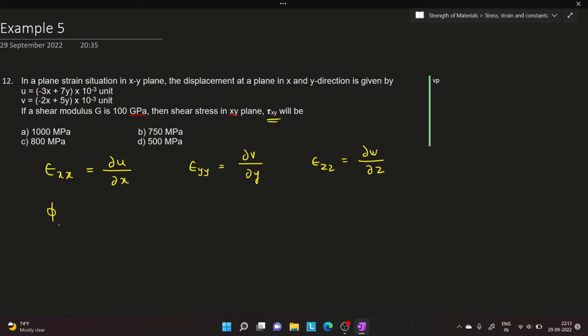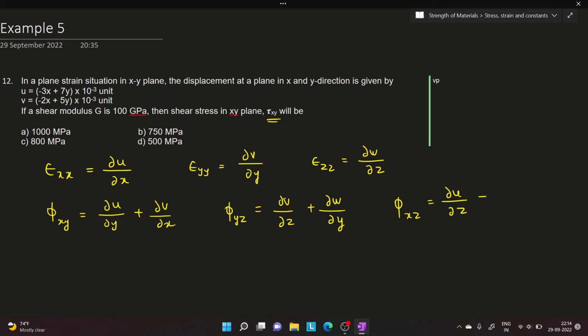Right, and phi xy is going to be del u by del y plus del v by del x, and phi yz is going to be del v by del z plus del w by del y, and phi xz is going to be del u by del z plus del w by del x.